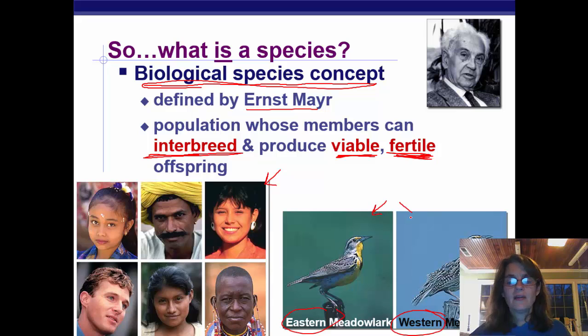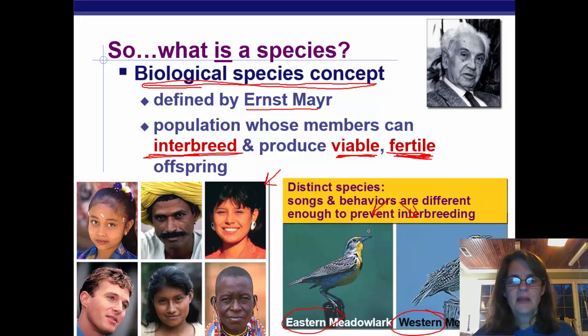They look identical. They really look similar, but they have enough behavioral differences and song differences and so on that they don't interbreed. And so they are considered different species by this concept, okay?